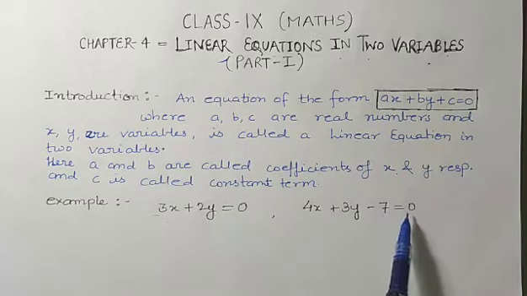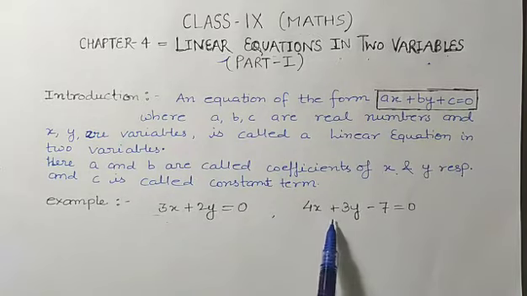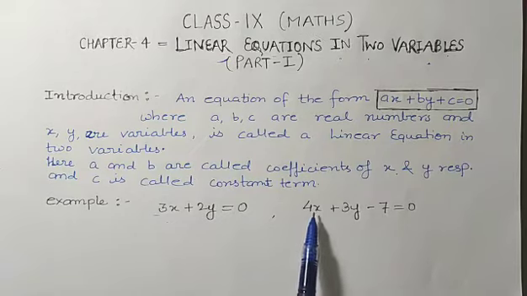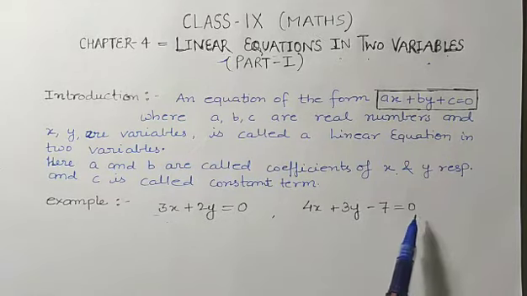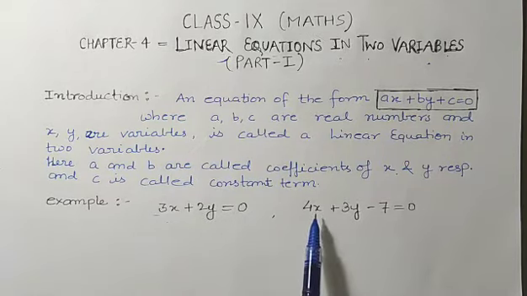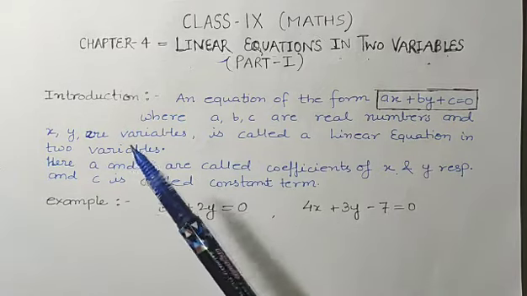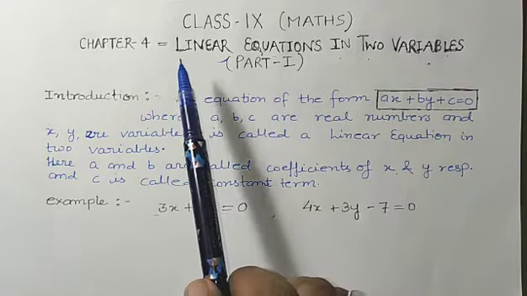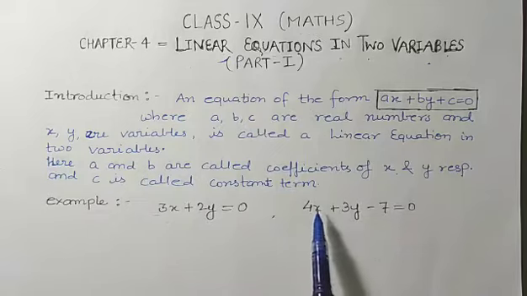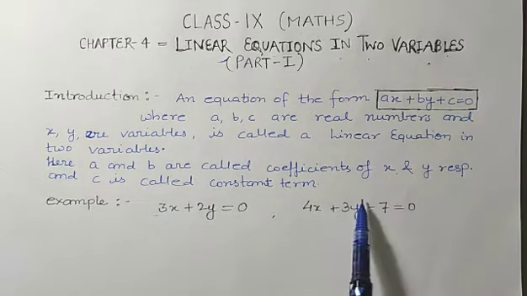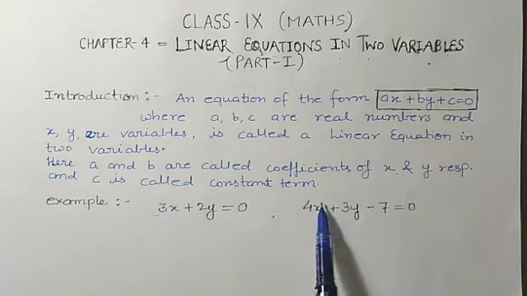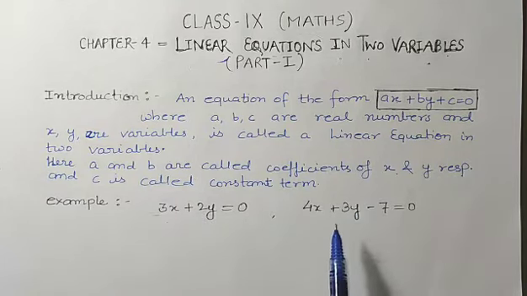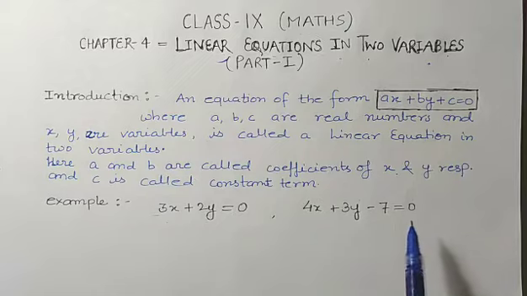But in this example, this is also a linear equation in two variables. How? Because of the conditions of a linear equation. Let us see stepwise. Linear means firstly see the powers. Everywhere the power is 1, meaning x to the power 1, y to the power 1; the power of a variable should be 1.